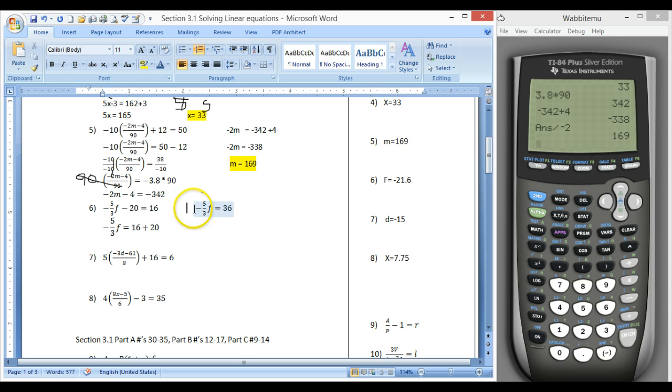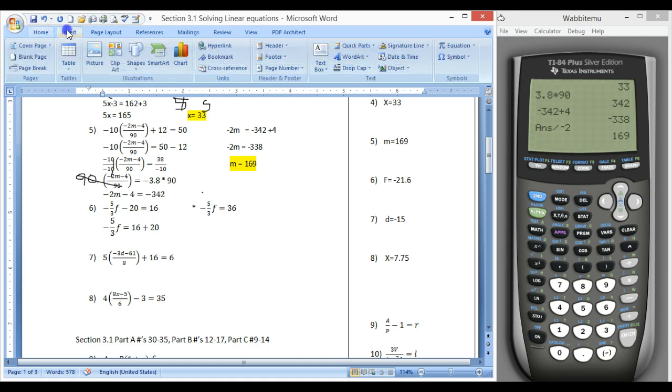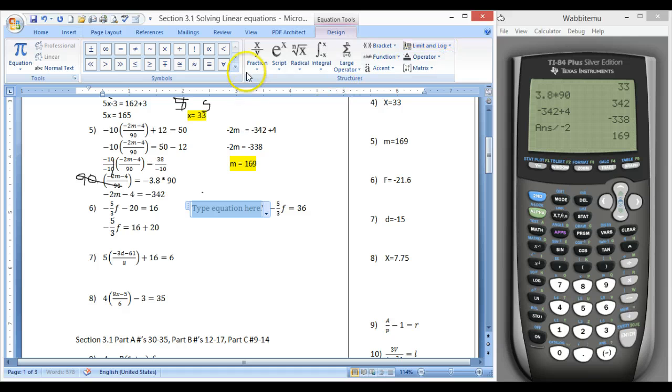So over on this side, I need to multiply this by the reciprocal, and the reciprocal of 5/3 is 3/5. So I'm going to hurry and insert an equation here, just a little fraction of 3 over 5, and this is all negative, so I need to make that negative as well.